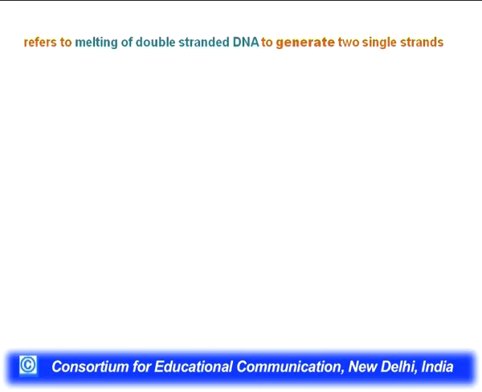For replication, DNA has to become a single strand. For transcription, DNA has to become a single strand. And we also have to understand the stages in which the DNA can become a single strand. So DNA melting refers to the melting of the double-stranded DNA to generate two single strands.